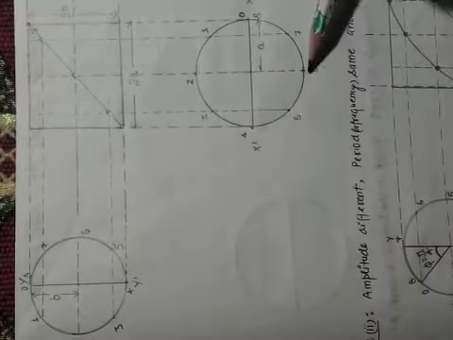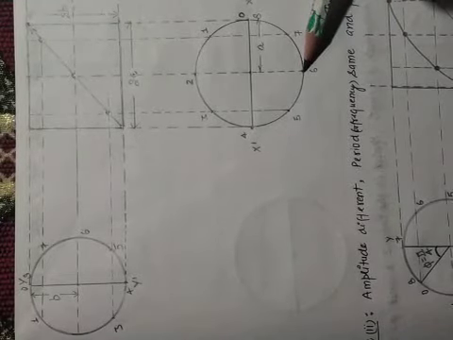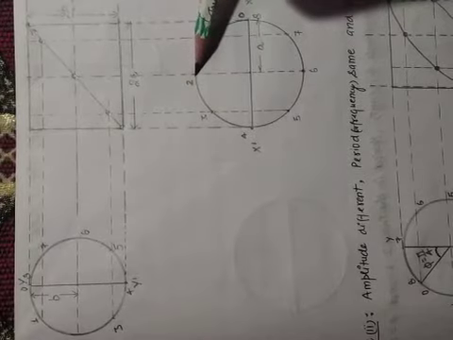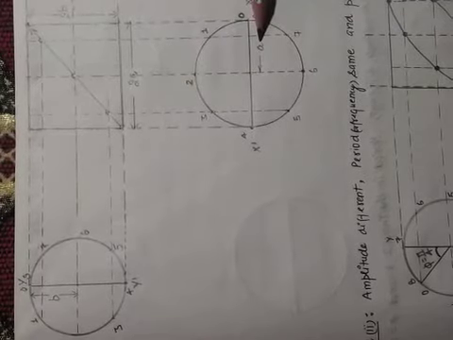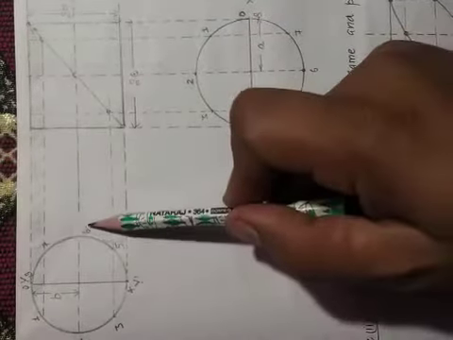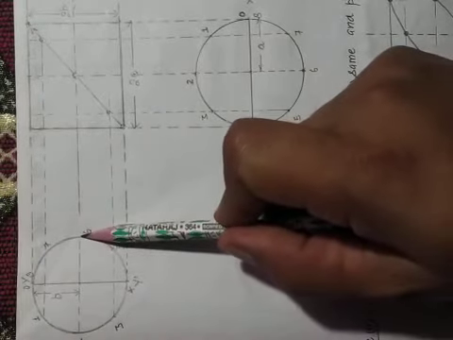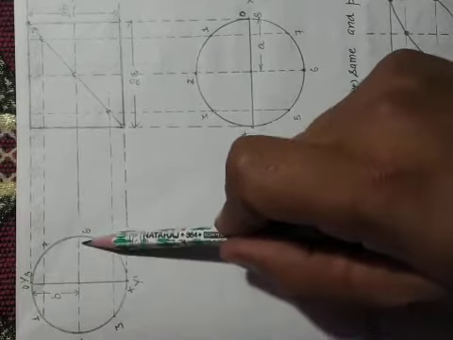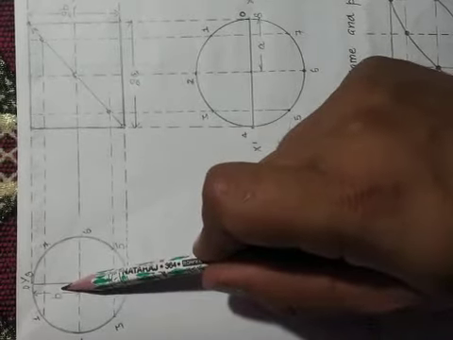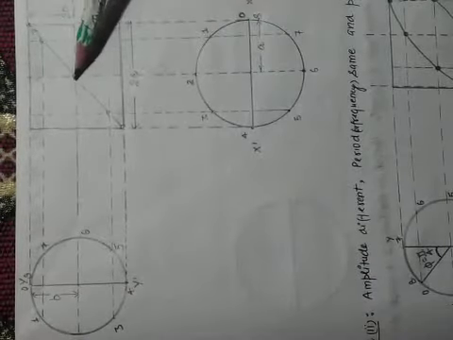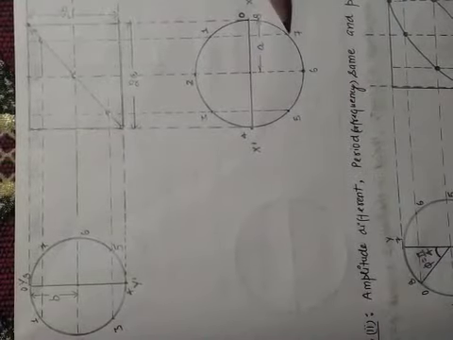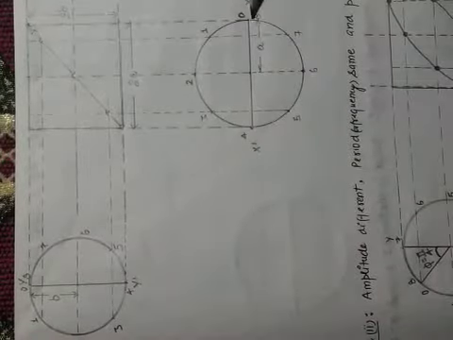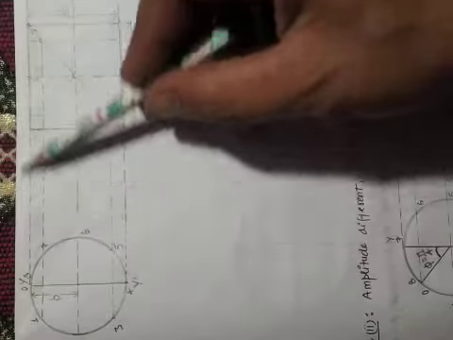Again, the projection of point number 6 coincides with the projection of point number 2 of the same circle, and the same here. These projections meet at this point. Similarly, the projections of point number 7, and of point number 8.